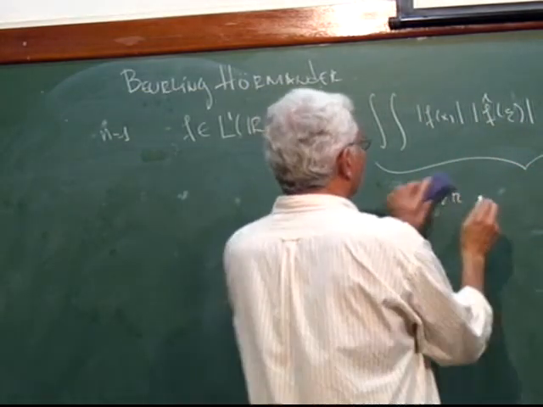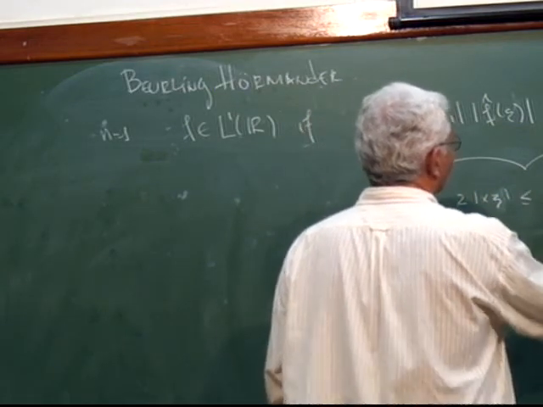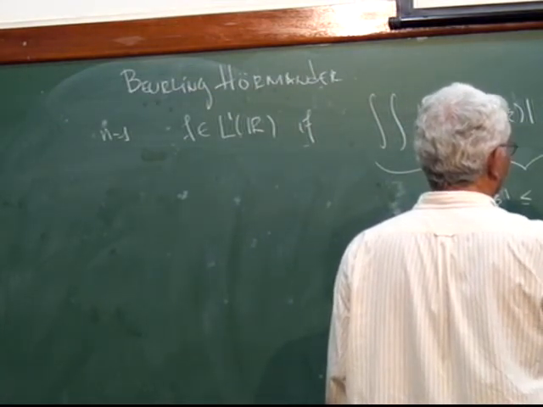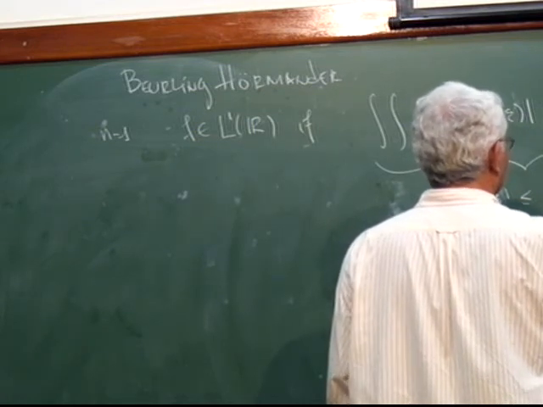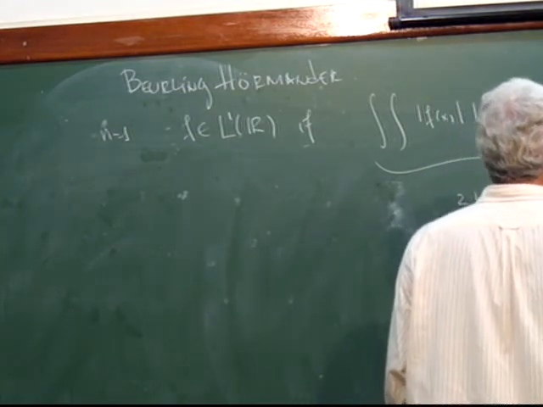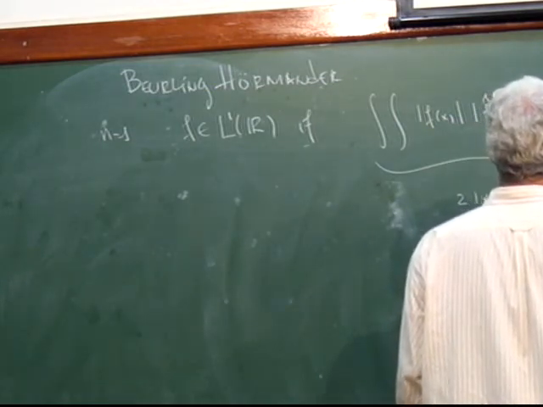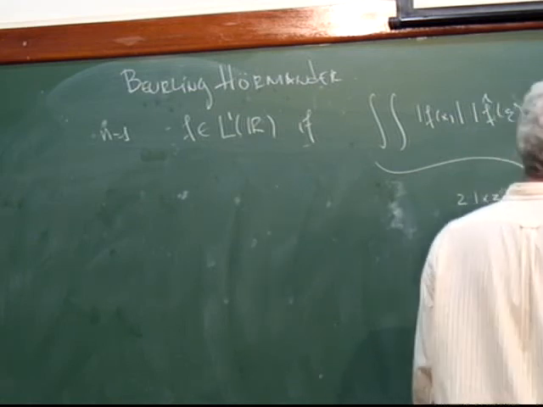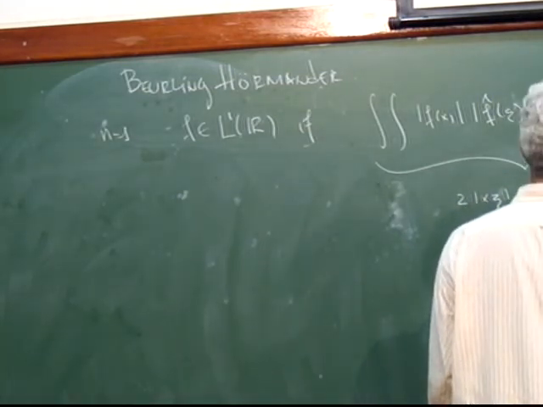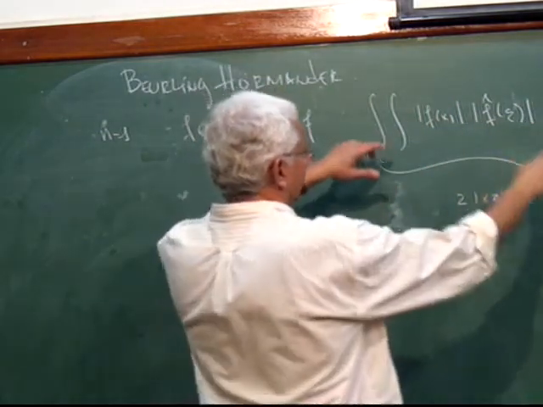You have that 2x multiplied by xi is less or equal to a x squared plus xi squared over a. Suppose that both are positive, no problem. Then we have that. Plug that here.